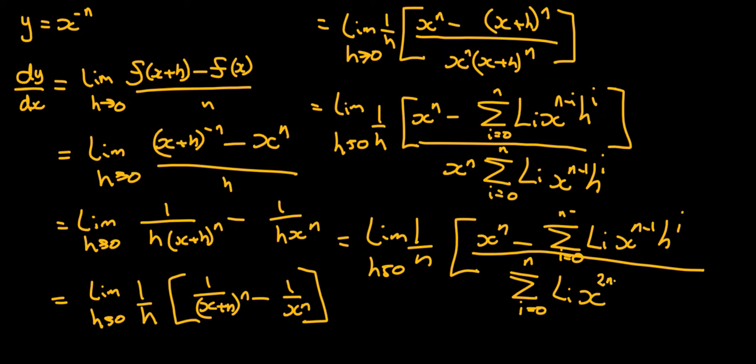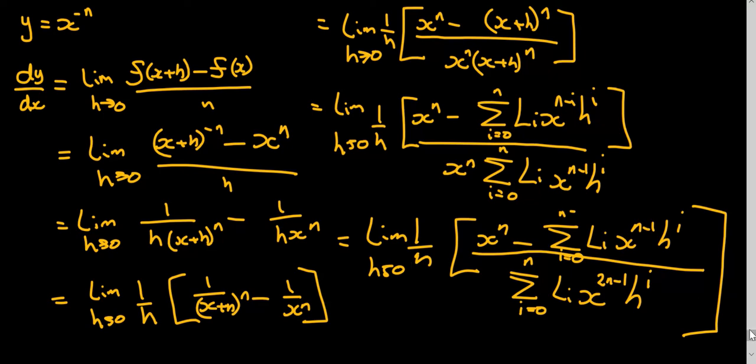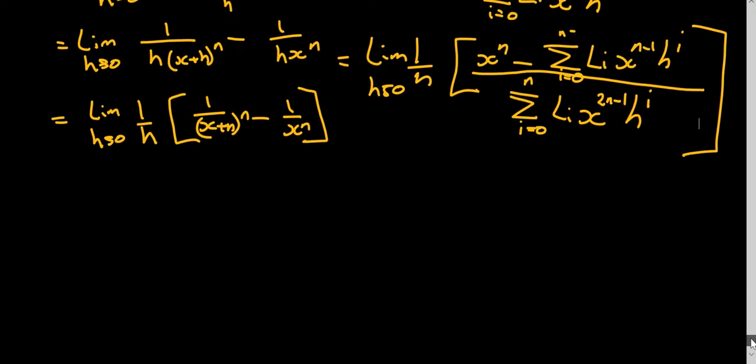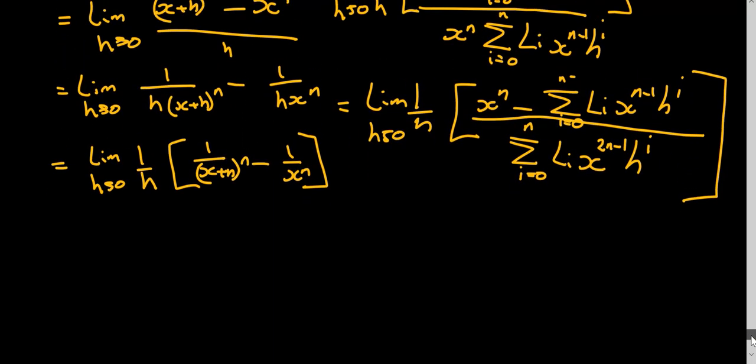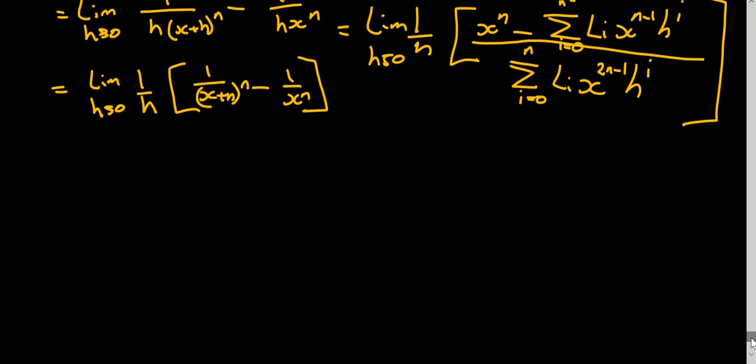So we get nCi x to the n minus i h to the i. Okay, so let's get some space. We'll continue this down here.